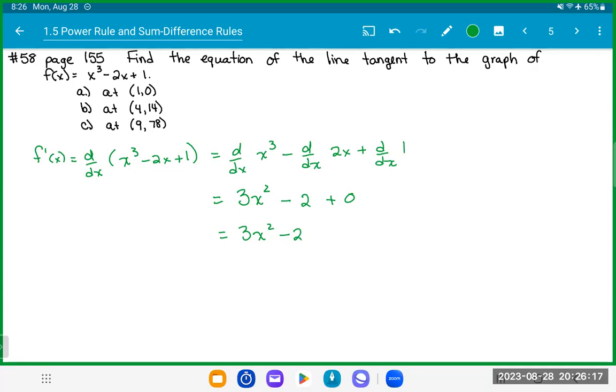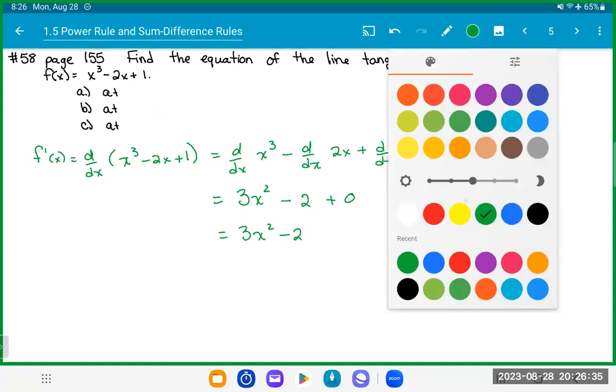All right, so now that we know our derivative, we're going to use the derivative to help us find the slope of the line. I don't even know where these values came from. They are not the ones I have.